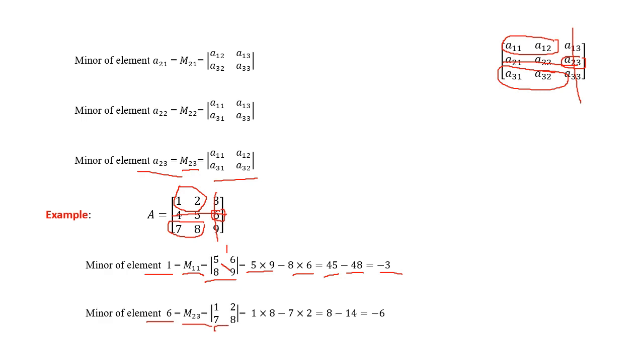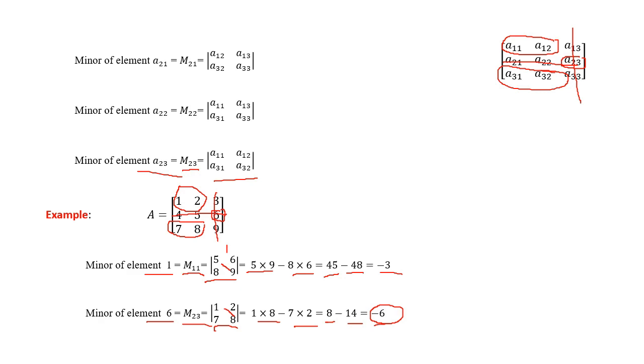This determinant can again be solved by cross multiplication. 1 into 8 is 8, minus 7 into 2 is 14, so 8 minus 14 is minus 6. So the minor of 6 is minus 6 in this particular matrix.